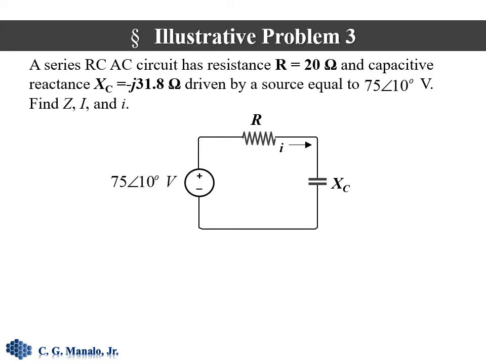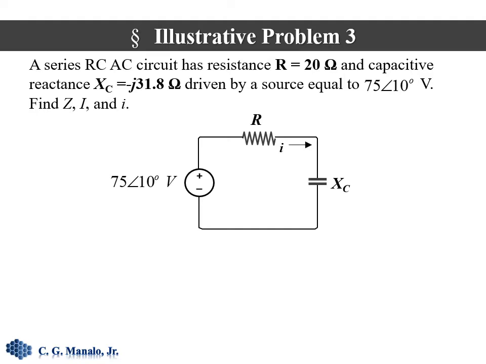Okay, let's go to the third example. This is again a series RC circuit, but this time the elements are given in phasor values already.